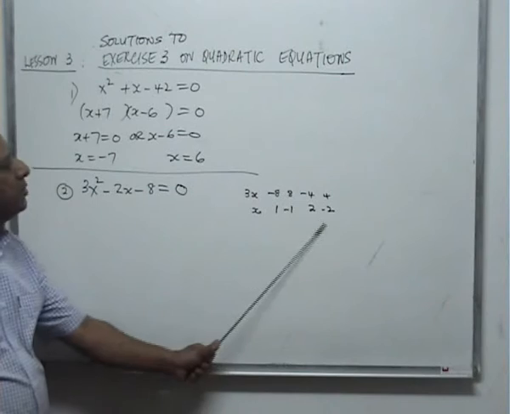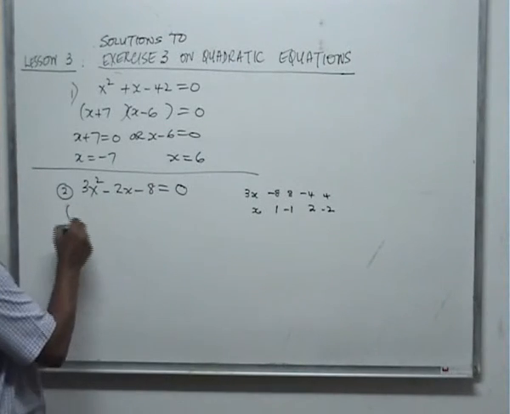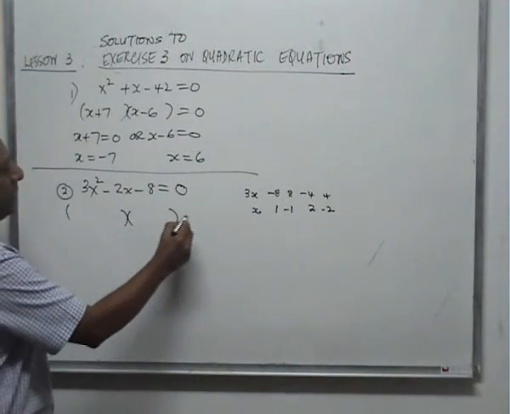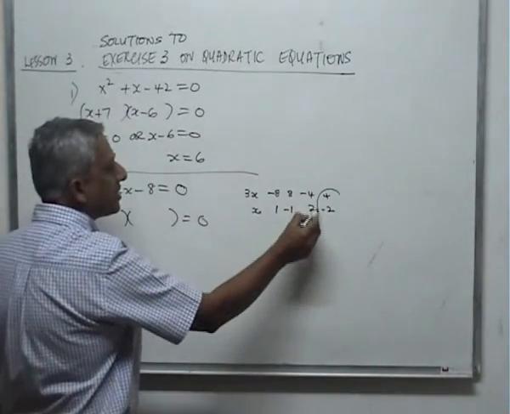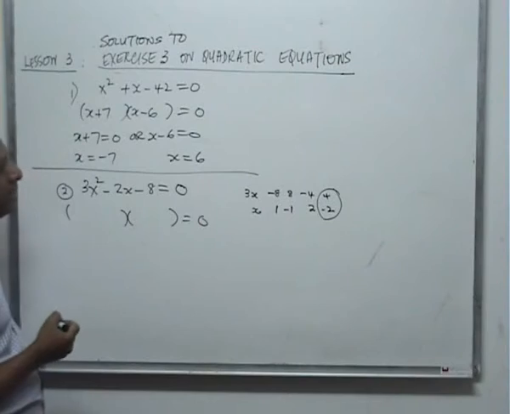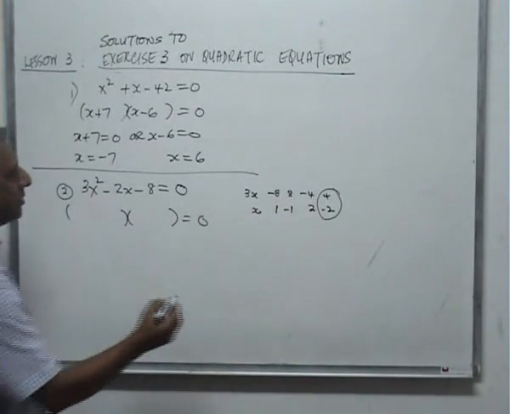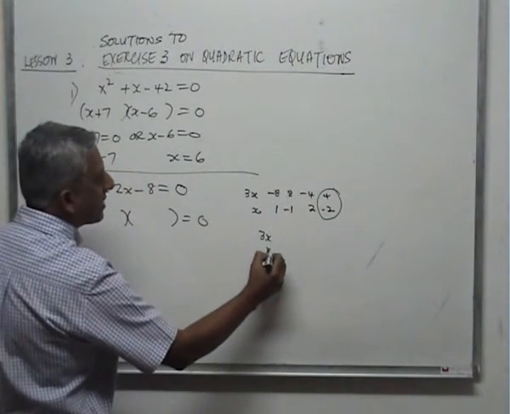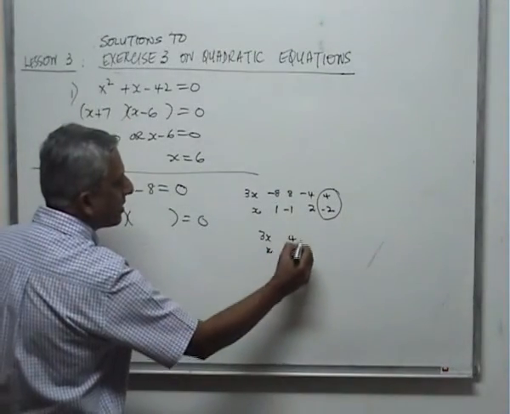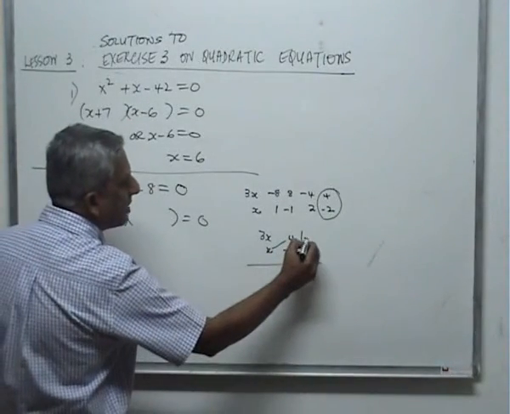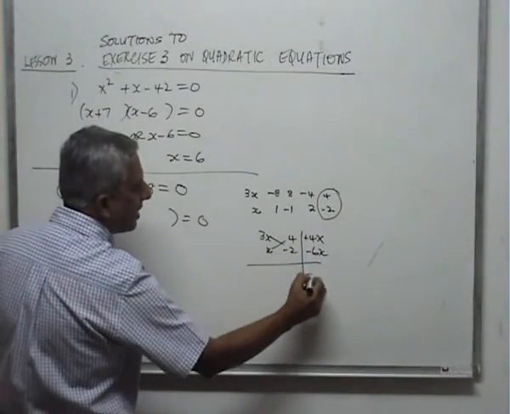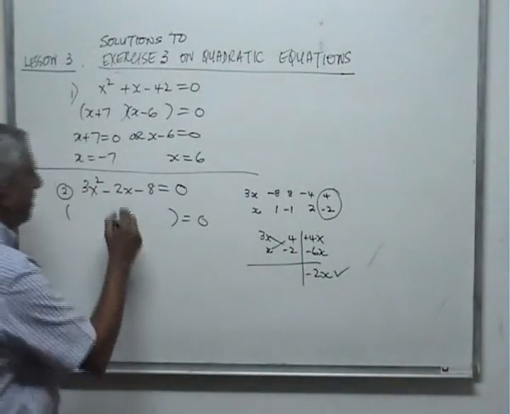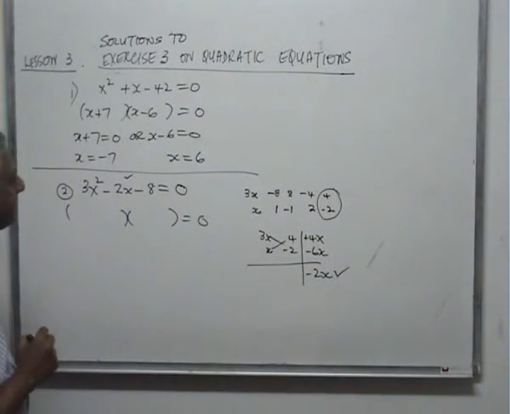So you will try them all. I'm not going to try them all. I'm just going to give you the answer now, because by now you should be smart enough to realize that it is this one here that is going to solve your problem. And if you test it, 3x and x, 4 and minus 2, that gives you plus 4x, that gives you minus 6x, that gives you minus 2x, and you've got minus 2x here.